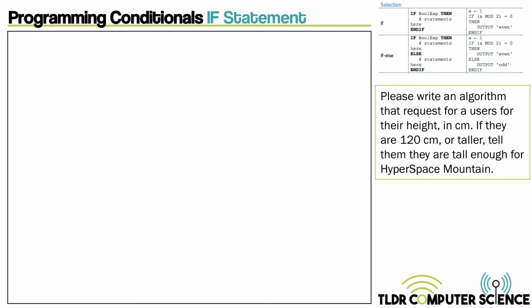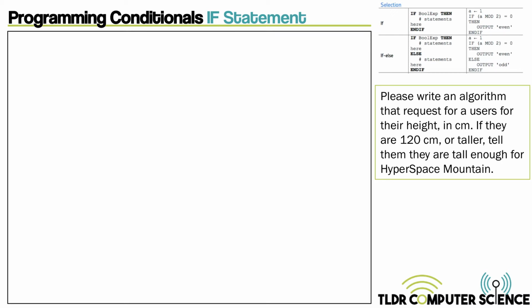We're going to have to output to the user that they need to input a value, and we're going to need that person to be able to input their value in. So far, nothing new. But then we say this: if they are 120 centimeters or taller, they can ride Hyperspace Mountain. And I guess if they're not 120 or higher, they can't.